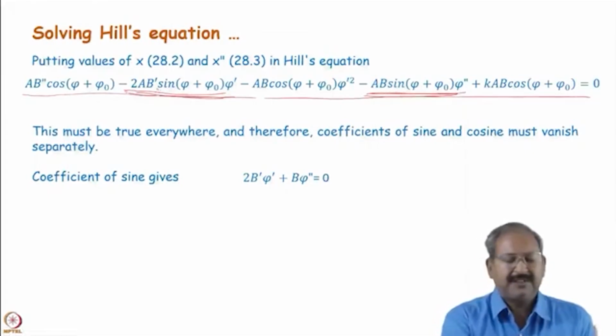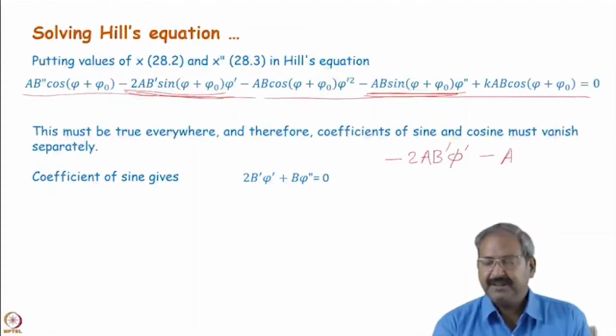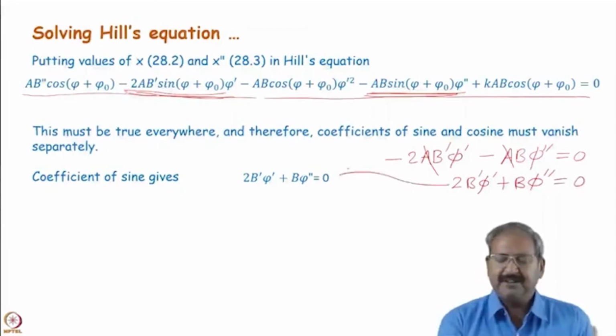So the coefficient of sine here is minus twice A B prime phi prime minus A B phi double prime equals 0. So this A cancels out. And the minus sign you can remove, so we get 2 B prime phi prime plus B phi double prime is 0. This is the equation we get.